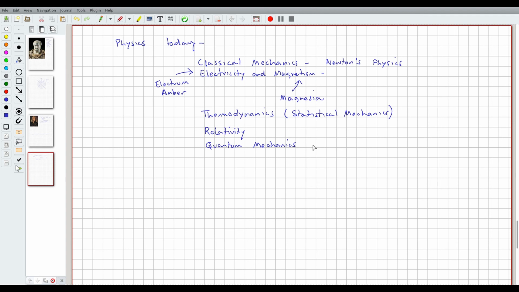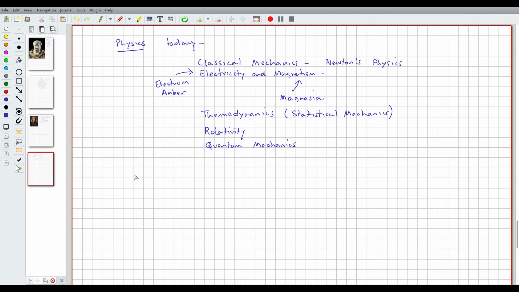So you have to expand on the old way of thinking. And as a consequence, all of these things, classical mechanics, electricity and magnetism, thermodynamics, statistical mechanics, relativity, and quantum mechanics, these all form what we think of as physics now.